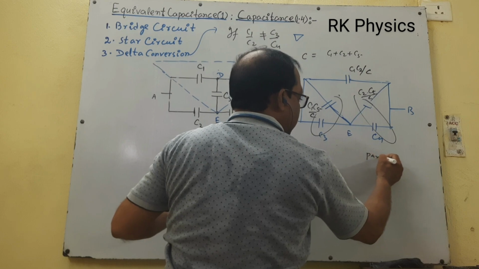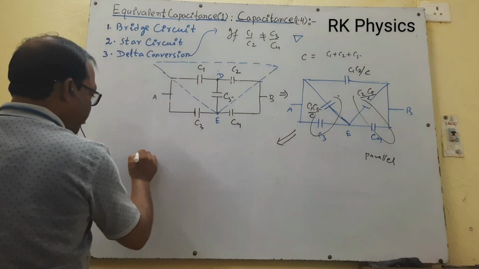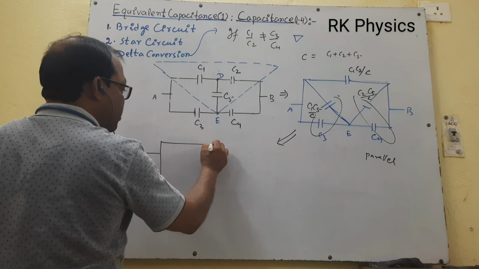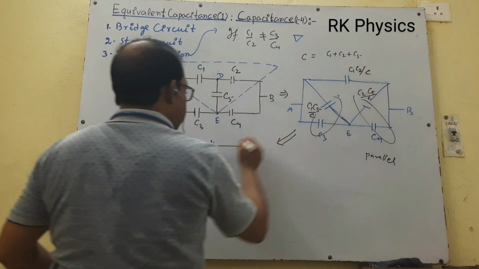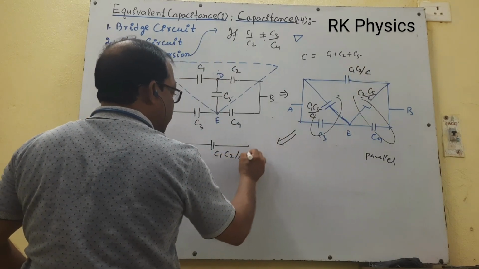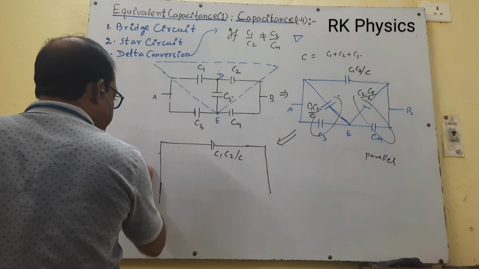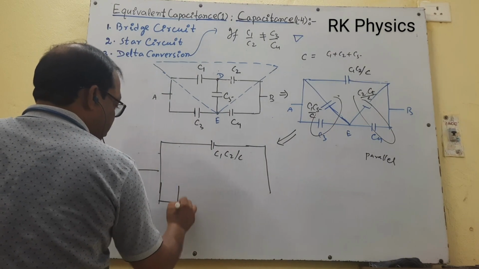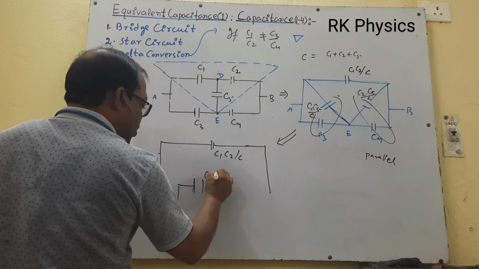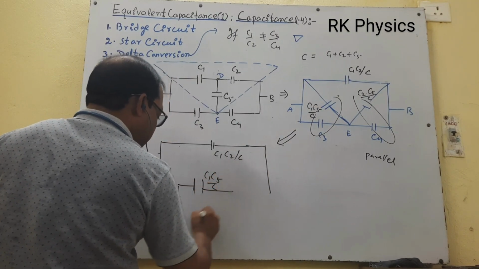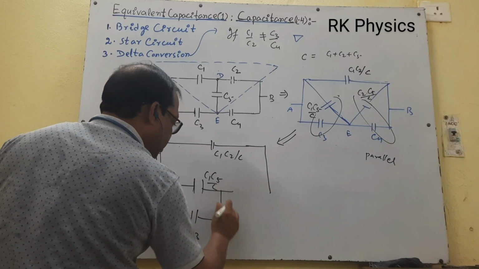Okay, so another equivalent circuit is this capacitor, C1, C2 by C. Then these two are parallel, this is A, the first one is C1, C5 by C. The second one is C3, these two are parallel.